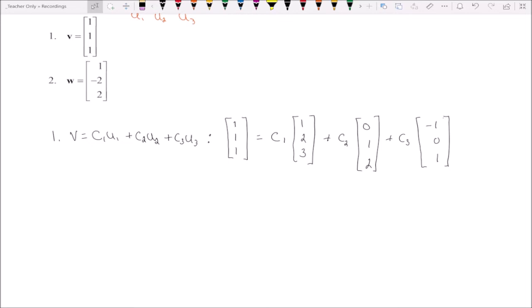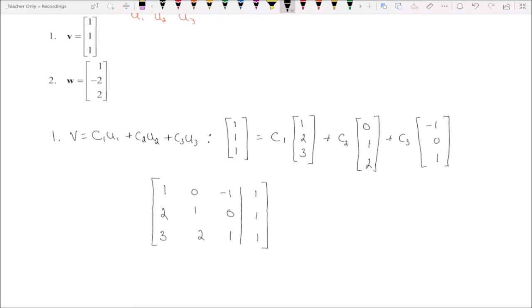We saw how to solve that by setting up a matrix. That's our coefficient matrix, and we augment it with our constant matrix, which in this case is the vector 1, 1, 1.